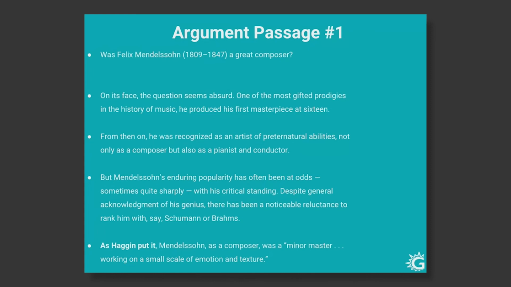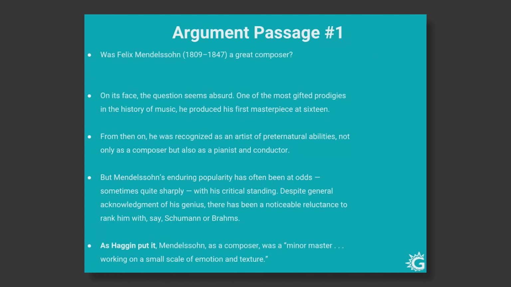The same way, when the author here says, as Hagen put it, the author's actually agreeing with what Hagen said. That is where we're getting an author's opinion over here. You can see that that was the concluding statement over here. It didn't really end a debate in a clear sense. It provided what the author felt was their opinion on Mendelssohn. And they tried to support their opinion with Hagen's critical input.